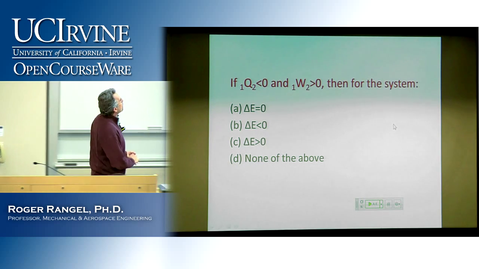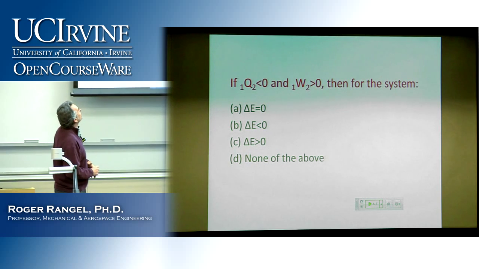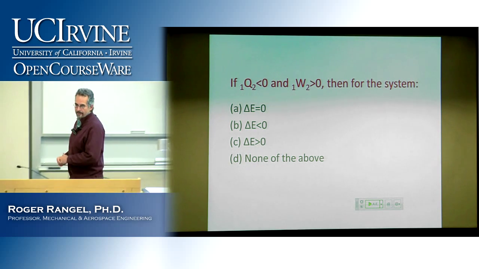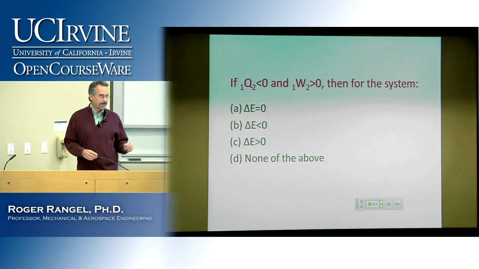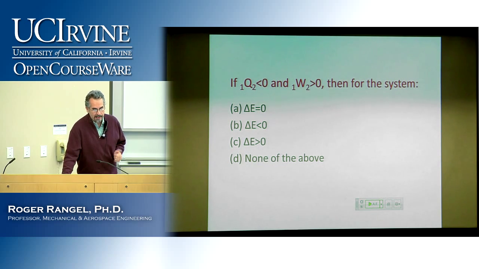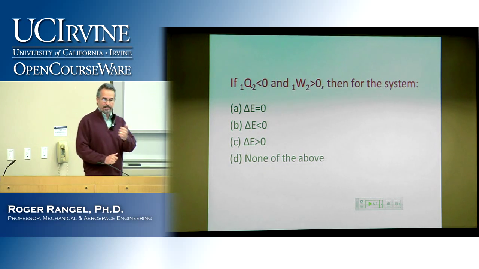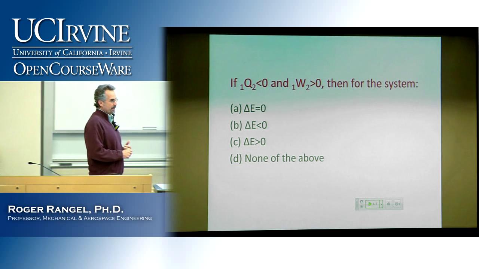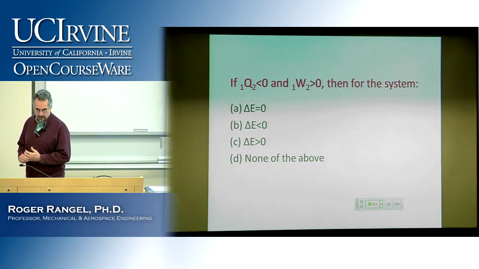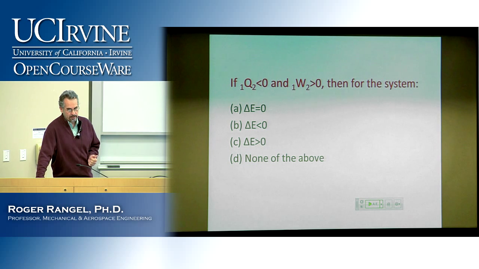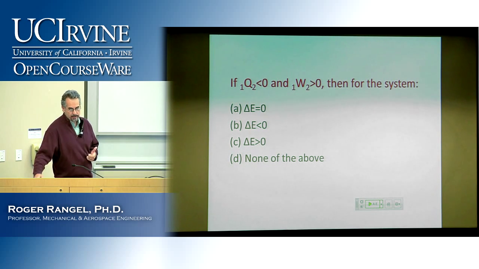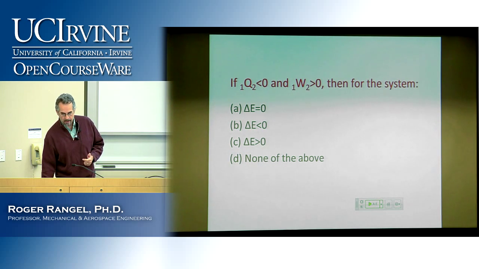Okay, this is a first law question. I'll give you less time on this one so you can think fast. So Q12 is less than 0, W12 is greater than 0. Then for this system, the change in total energy is 0, less than 0, greater than 0, or none of the above.